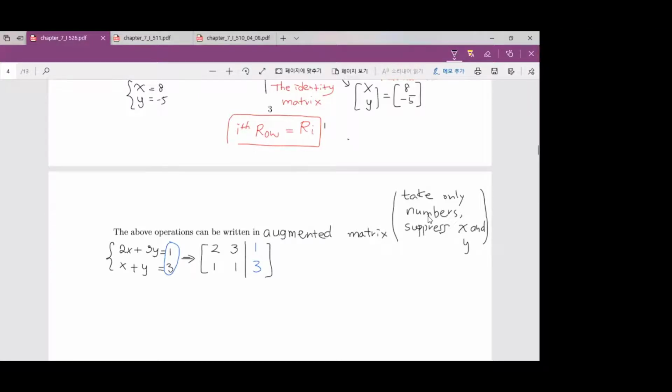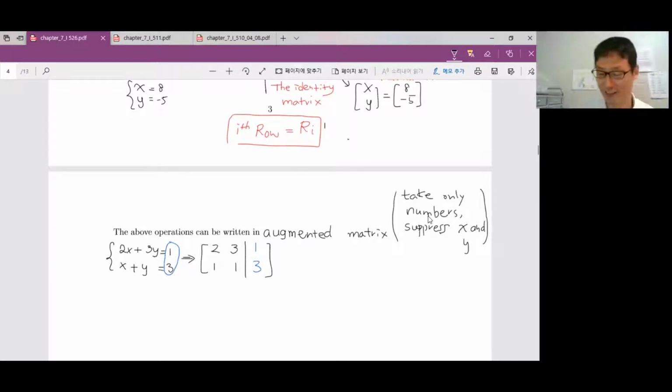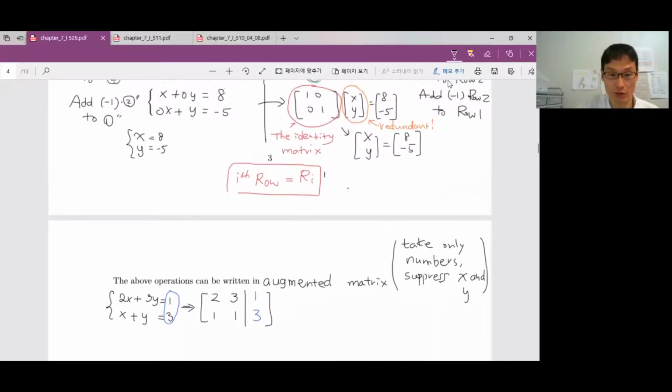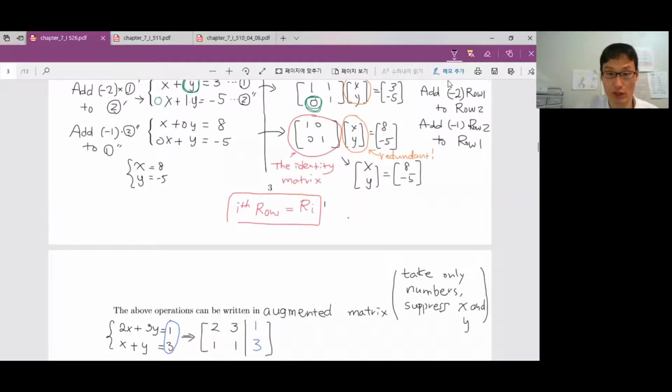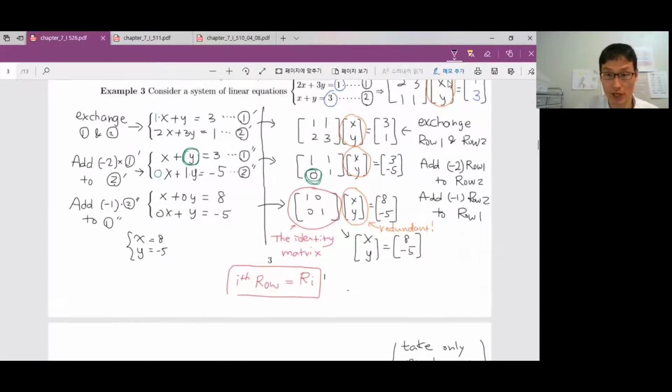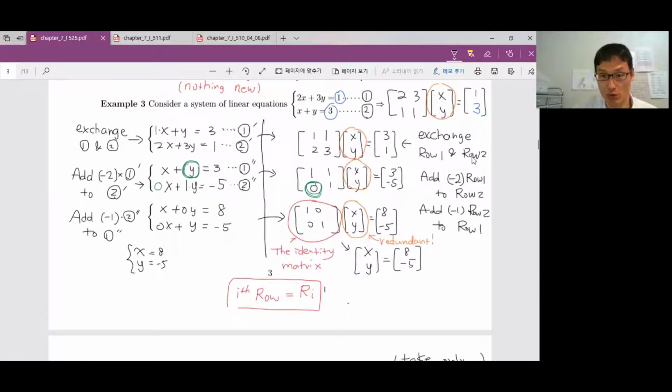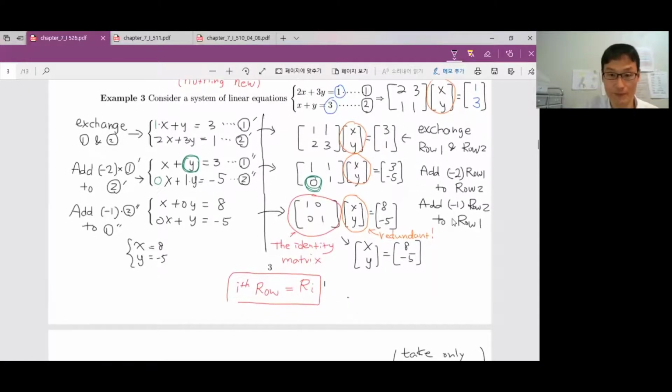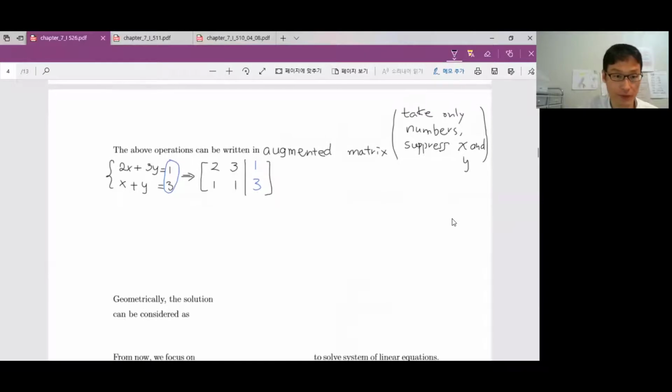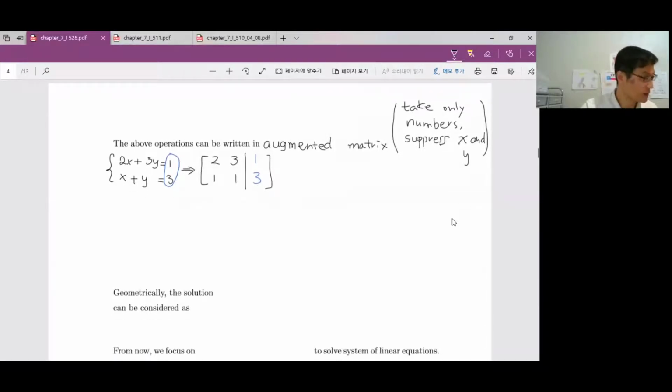Yes, double P. Thank you. All right, so to write our solution or calculation, we take only numbers and get rid of x and y, that's it. And then we repeat our calculation there. The first step is to exchange row 1 and row 2, and so on. Okay, good.